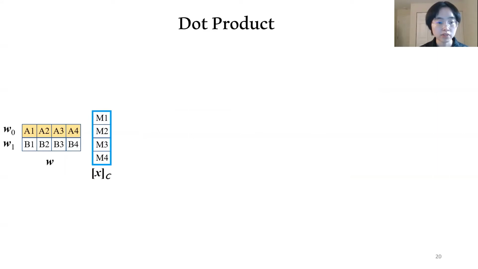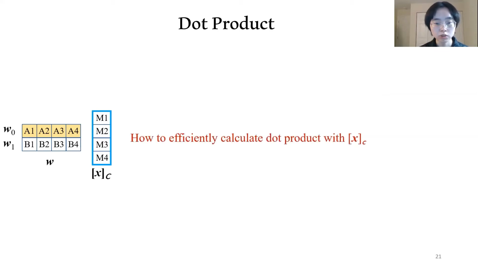However, in the privacy-preserved machine learning as a service, the input X is encrypted. So, the problem here is how to efficiently calculate the dot product with this encrypted ciphertext. This is because directly summing up the elements in this ciphertext is not feasible.